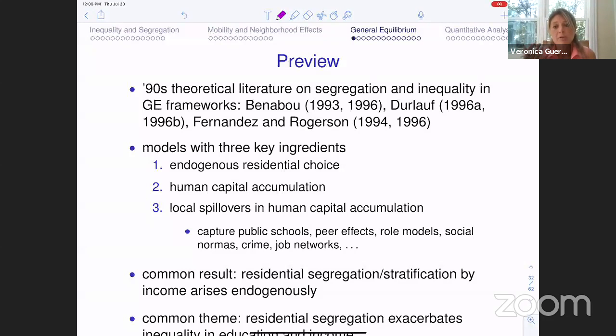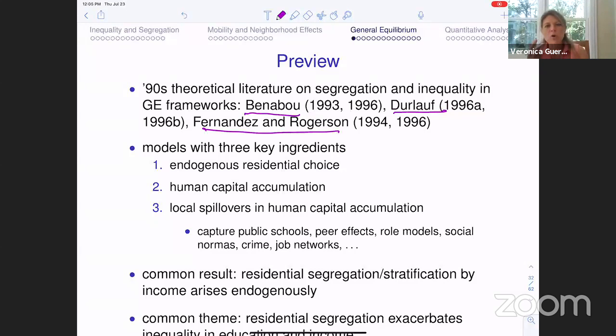So thinking about a relationship between segregation and inequality, and in turn also intergenerational mobility, in general equilibrium frameworks. The seminal works in this respect are the two papers by Benabou, Durlauf, and Fernandez and Rogerson. These are very nice papers. I highly recommend you look at them.